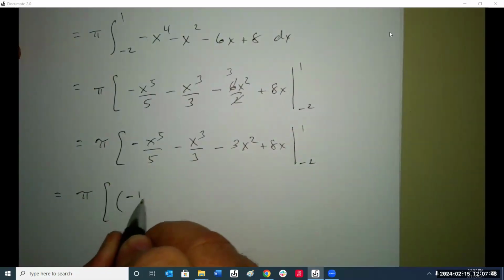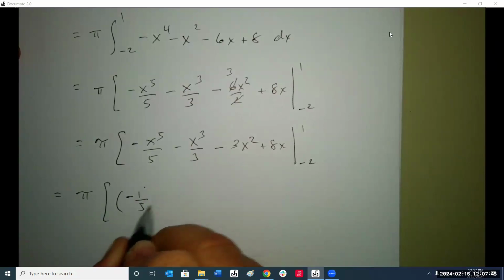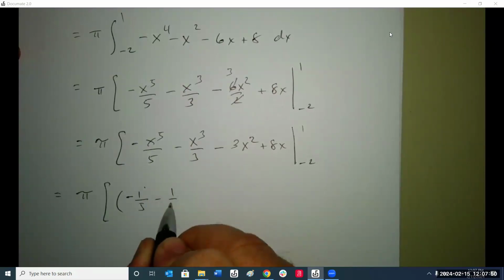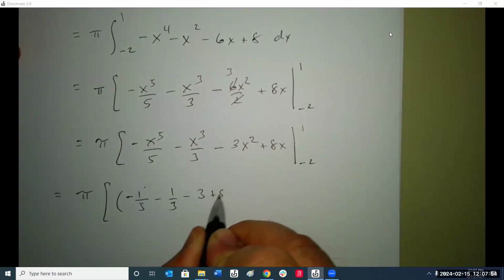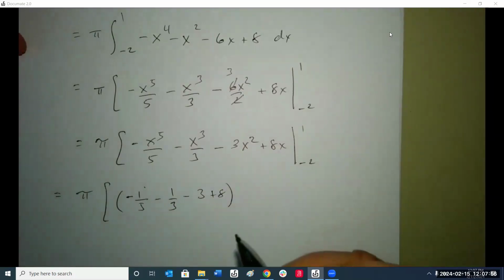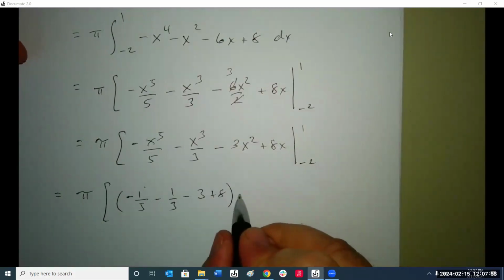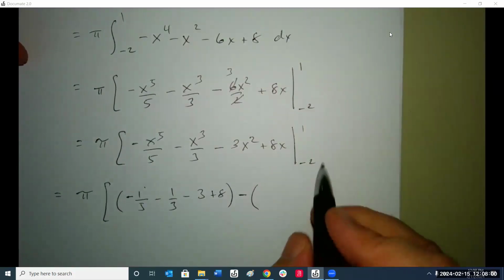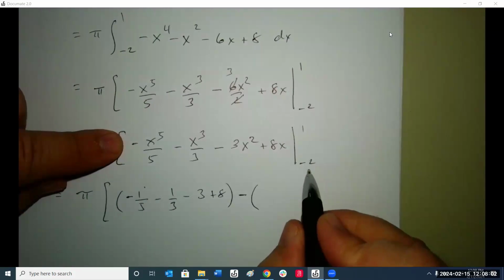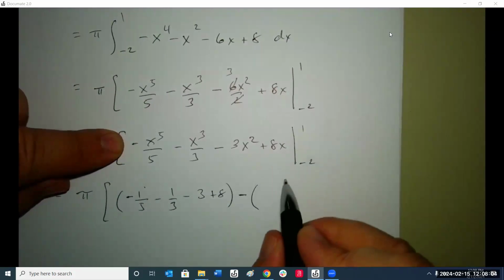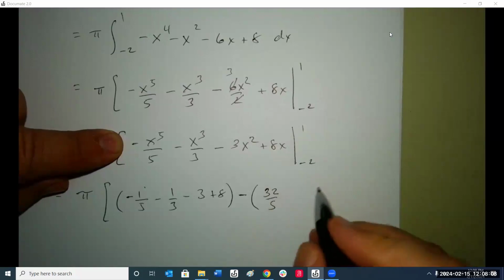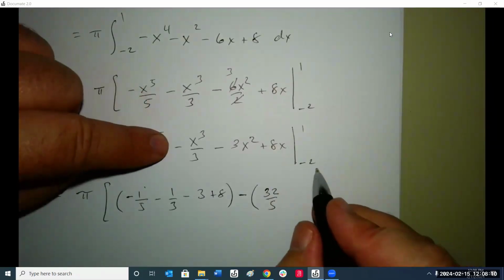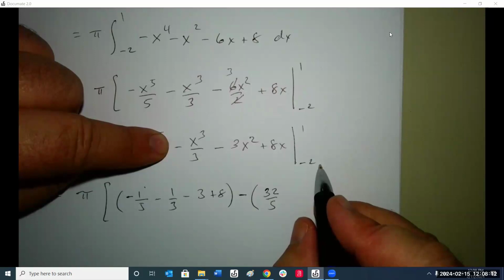So it's negative 1 over 5 minus 1 over 3 minus 3 plus 8. So negative 5 was negative 3, so it's a positive 32 over 5. 2, 4, 8.